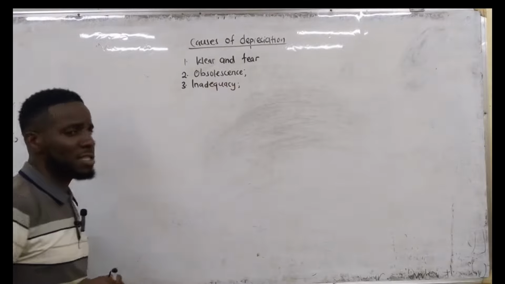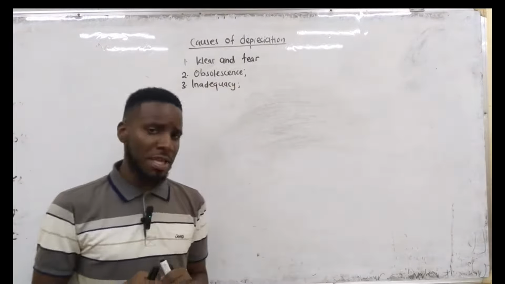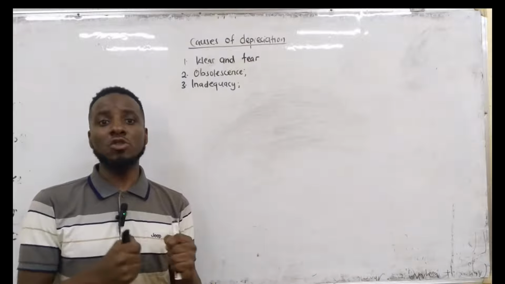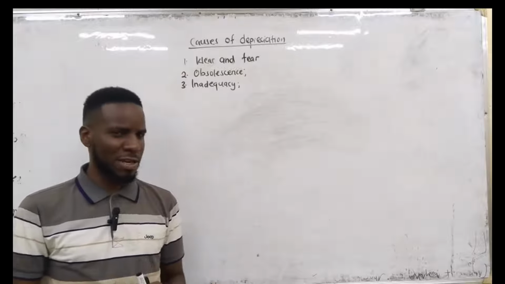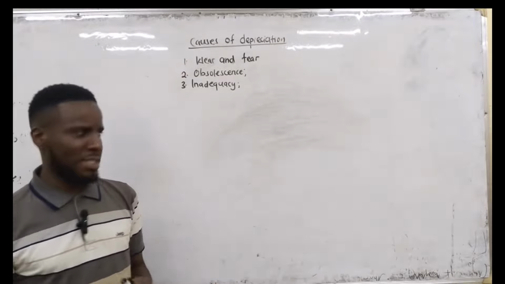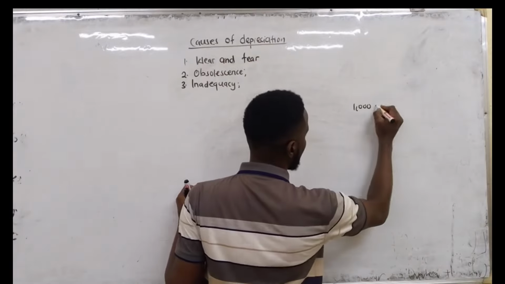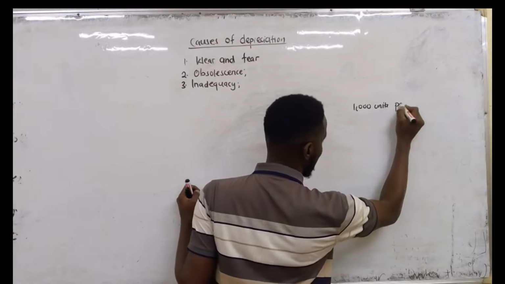Now, inadequacy, this is where the asset that we have, the non-current asset, cannot match the demand of the organization. Take, for instance, the asset that we have can produce 1,000 units per day.